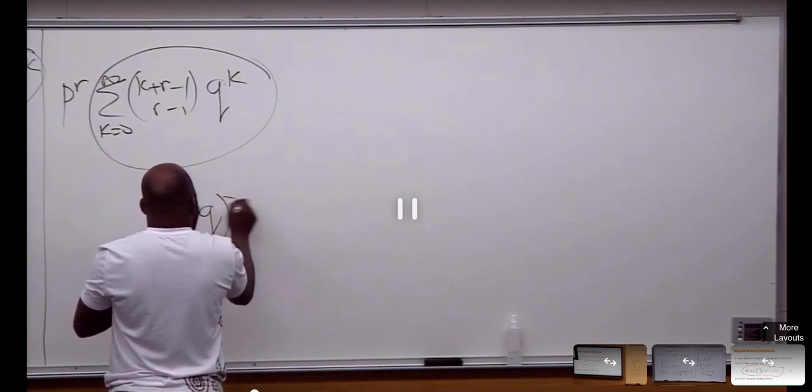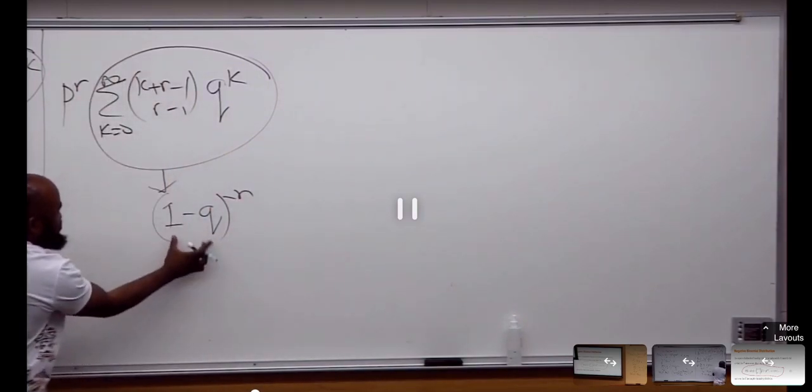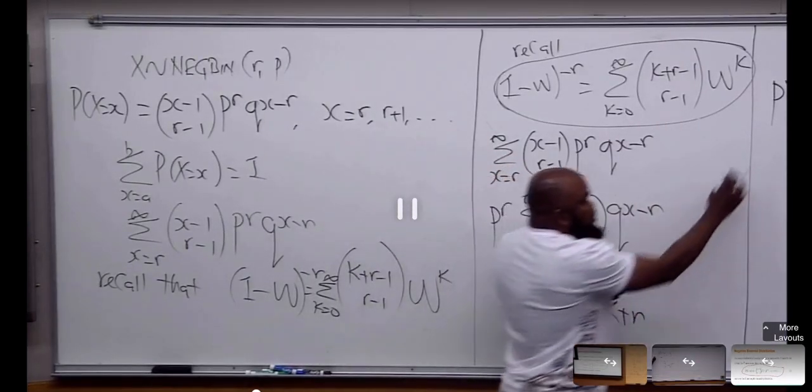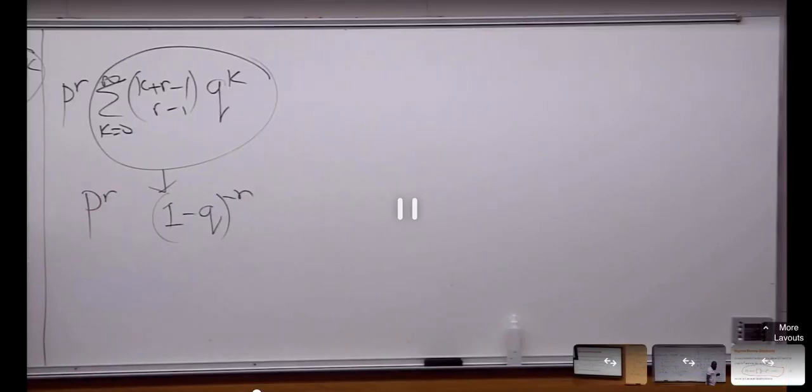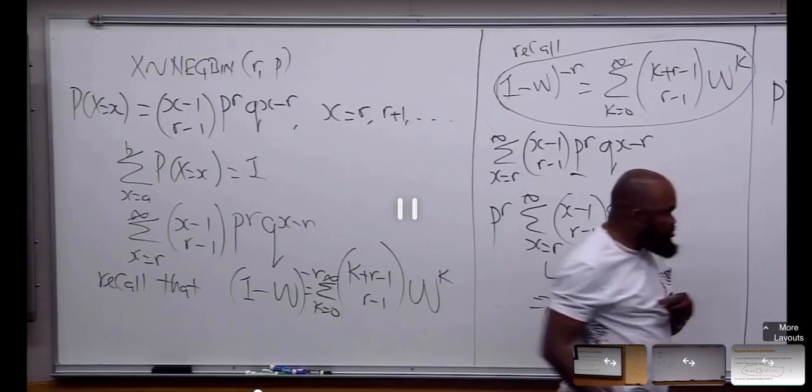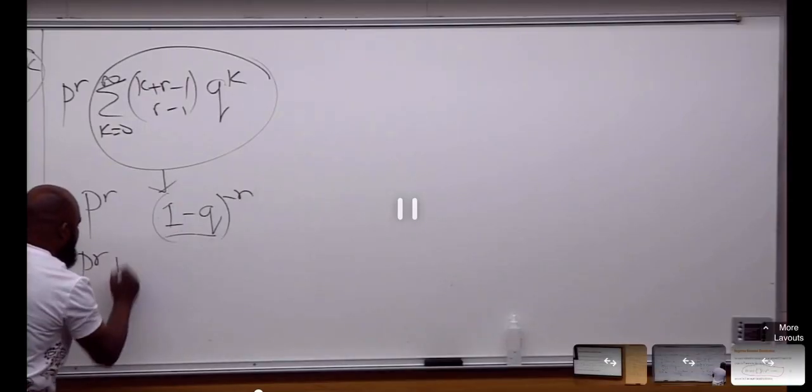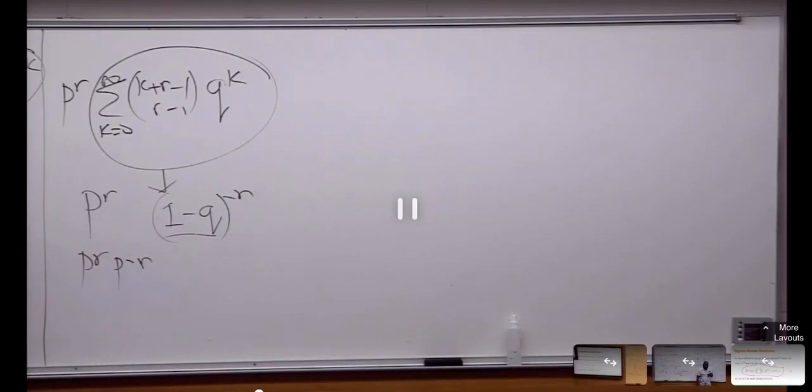The whole of this becomes this, using the fact that that equals that, and this is p raised to power r. What is p plus q? Equal to 1, right? So this is going to be this and this is going to be that. And what do you have? That is this.